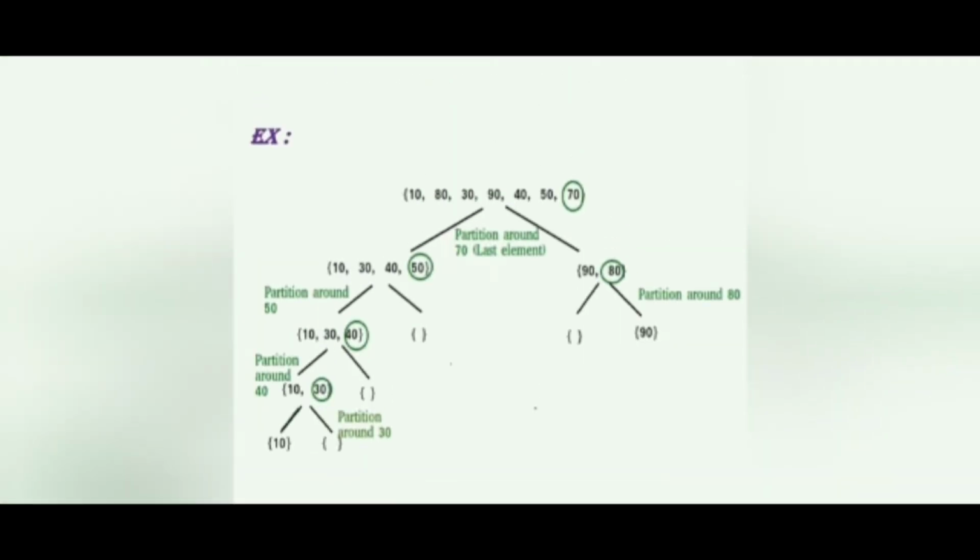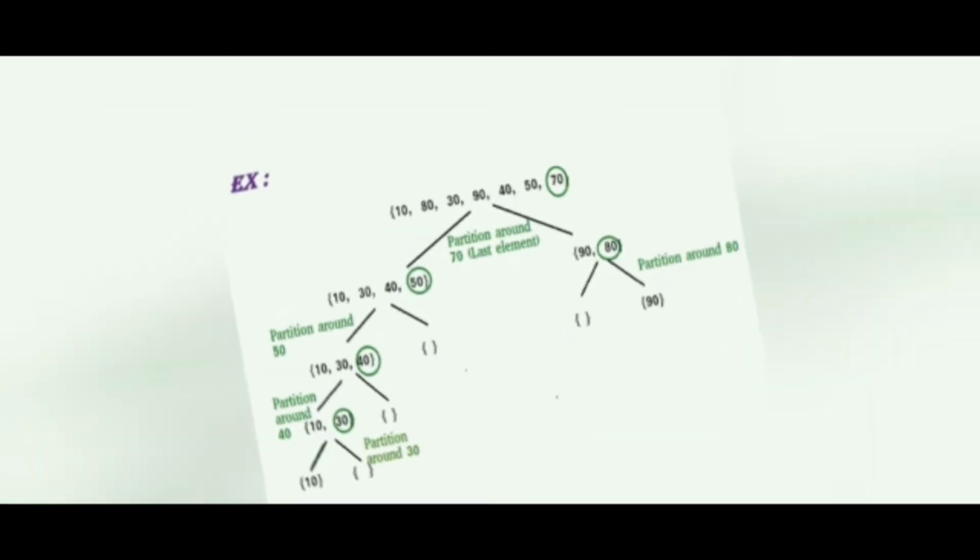Now, observe the element 70 is considered as the pivot element from the list, and the remaining elements are classified based on the condition less than or greater than 70 into two subarrays.